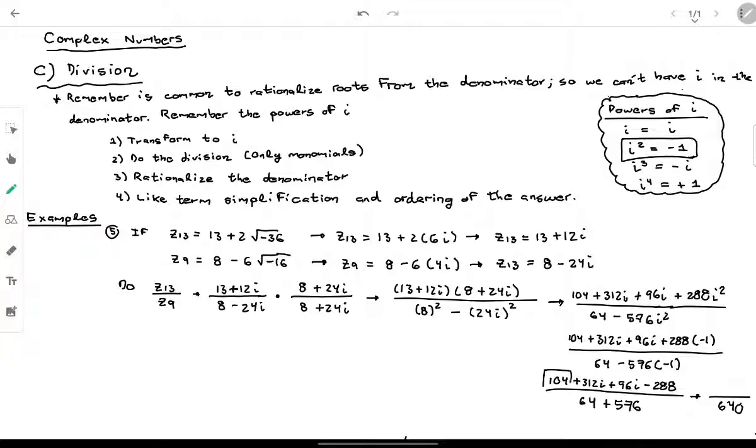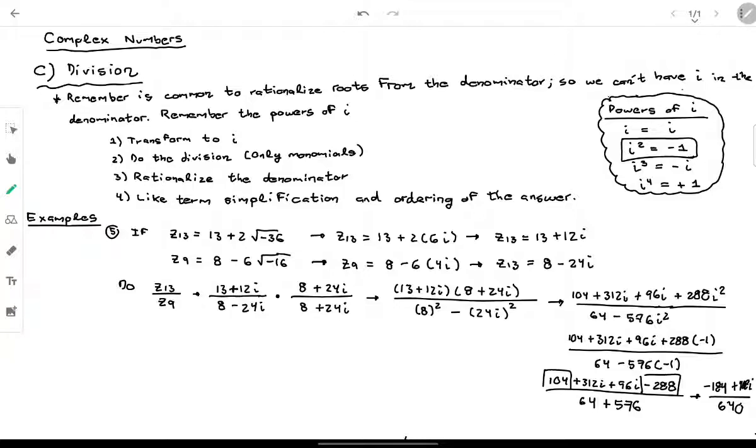Then remember first the real numbers. So minus 288 plus 104, it's going to be minus 184. And in this case, 312 plus 96, it's going to be plus 408i.